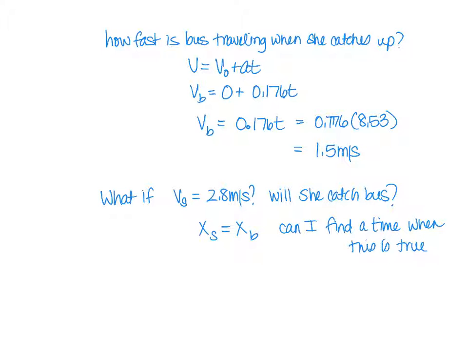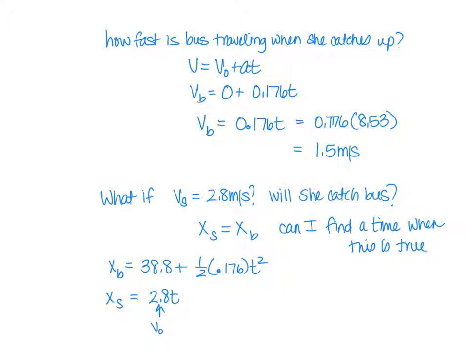Keeping in mind, the position of the bus isn't going to change because the expression for it isn't going to change, because we've not done anything to change the motion of the bus. So the position of the bus is still this, but by changing her speed, it changes her expression for the student to 2.8 times t, because this is her initial velocity.